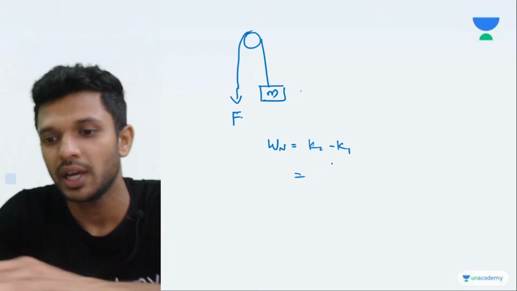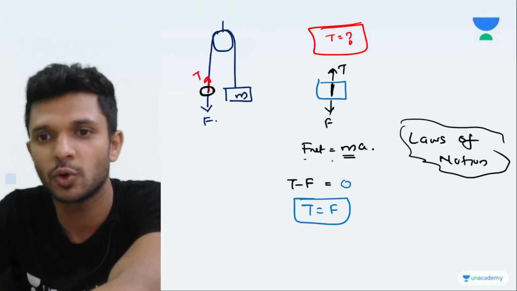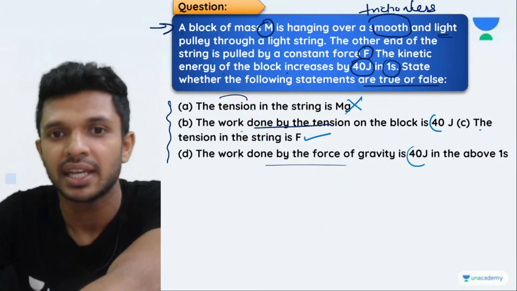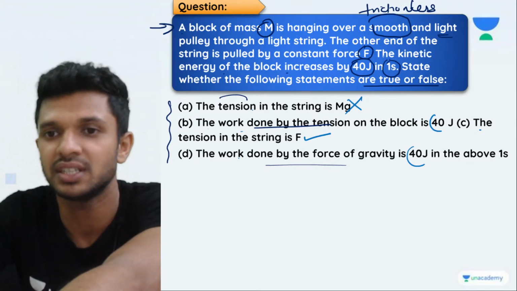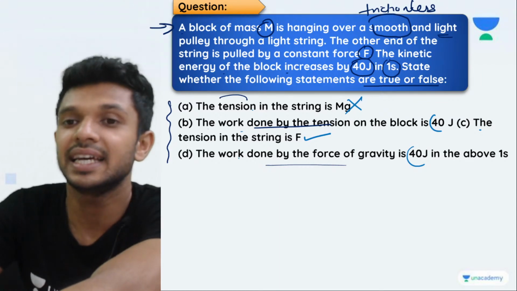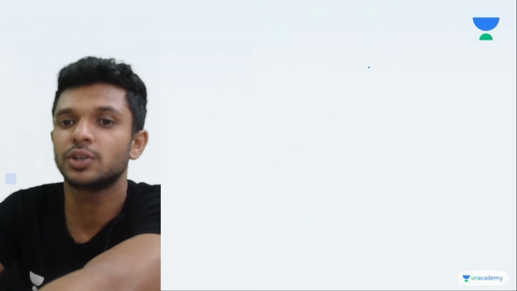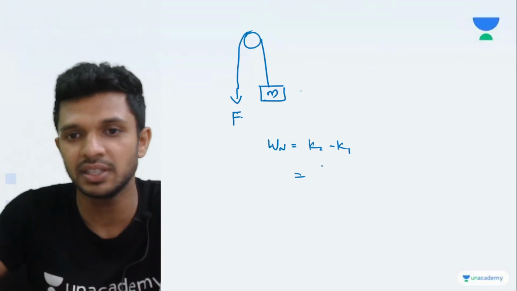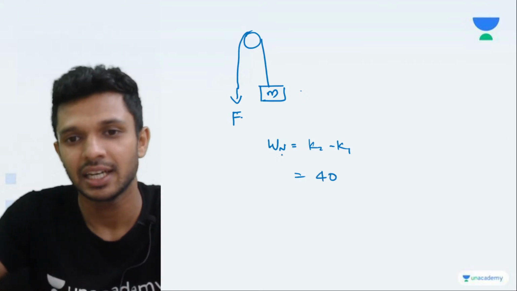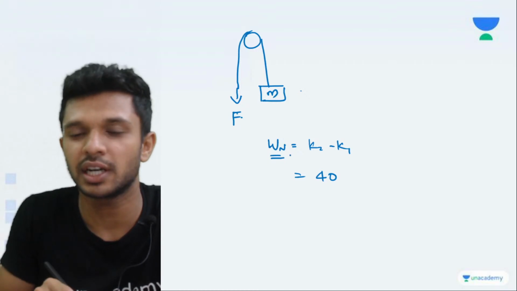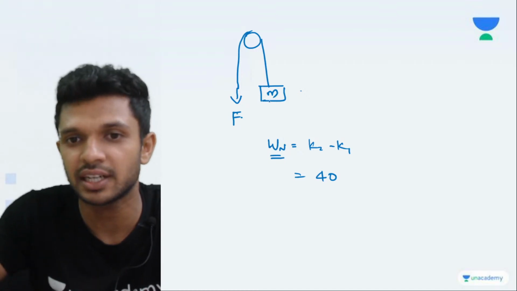Now let us go back to the question and understand. The kinetic energy of the block increases by 40 in 1 second, which means K2 minus K1, the increase in kinetic energy, is equal to 40. So let me substitute K2 minus K1 is 40, right? Now I have to substitute for work done by net force. Which are the forces acting on this?